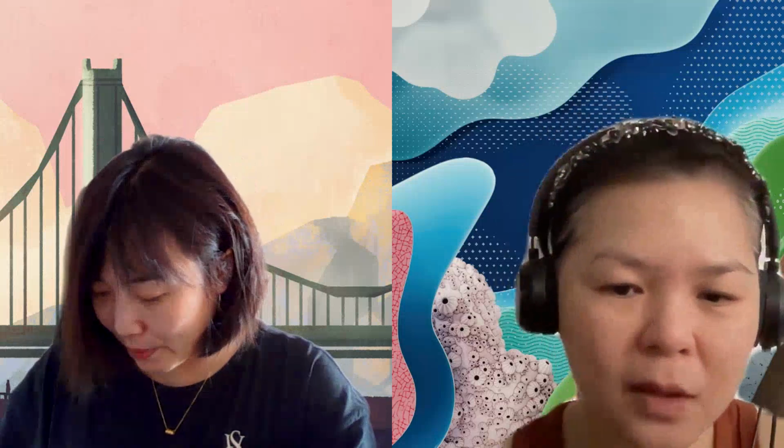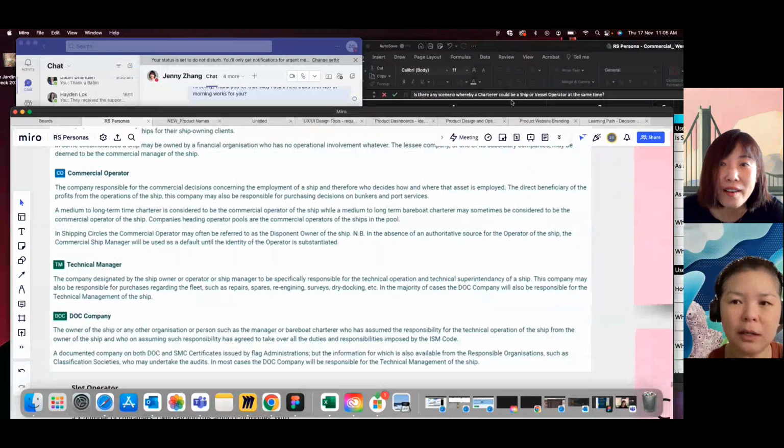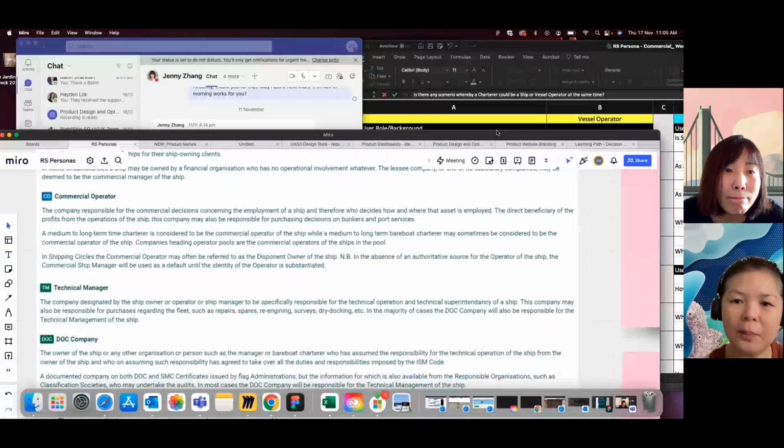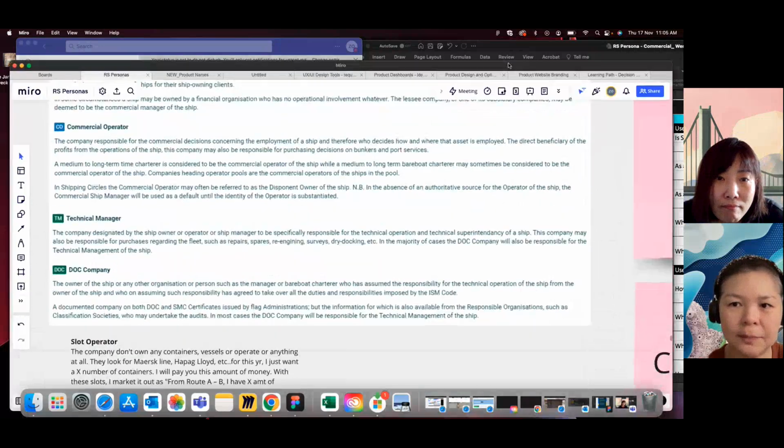To get started, we have three roles. The first role is the role of a vessel operator. Maybe I just share my screen with you. Currently, what I'm told is to research the role of a vessel operator.